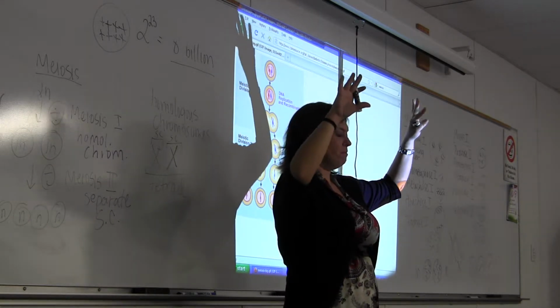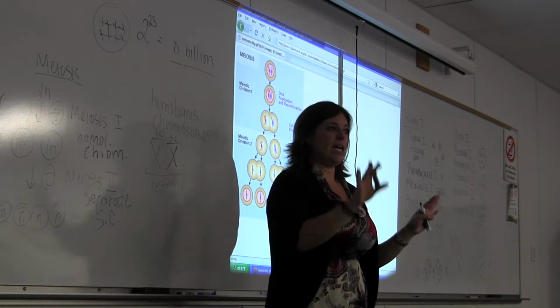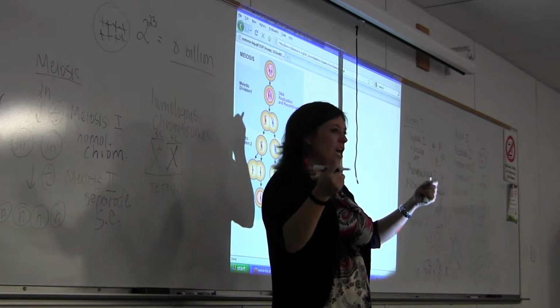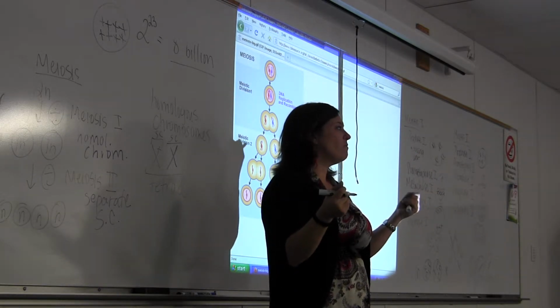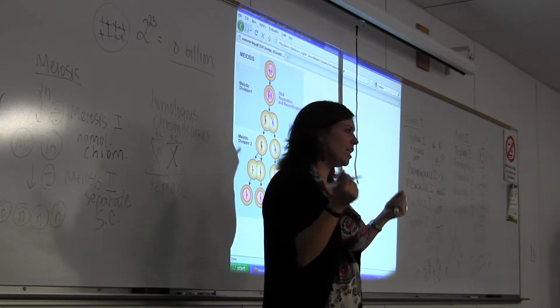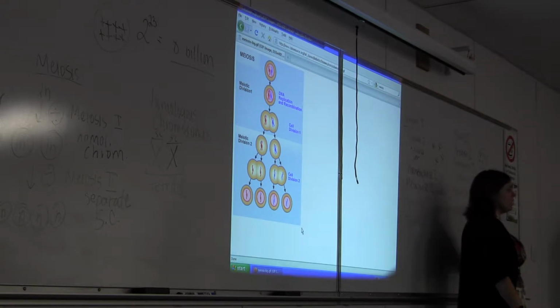So when mom is undergoing meiosis to make her egg, and dad's undergoing meiosis to make his sperm, and then depending on which sperm fertilizes which egg, and again, each one is going to be genetically unique, because if this was a female, this could be one egg, this could be another egg, this could be another one, that could be another one.